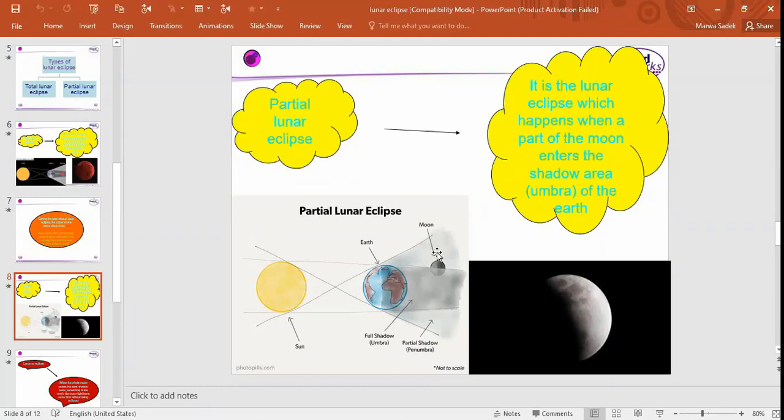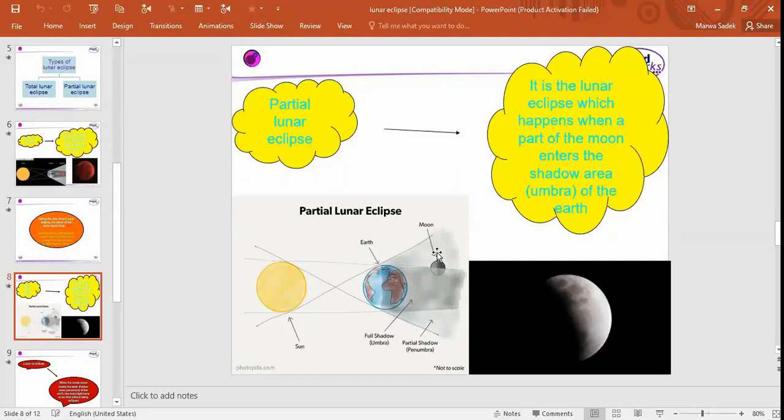So, when part of the moon enters the shadow area of the Earth, which is called umbra, and the other part of the moon enters the semi-shadow area of the Earth, which is called penumbra, in this case, partial lunar eclipse will take place.